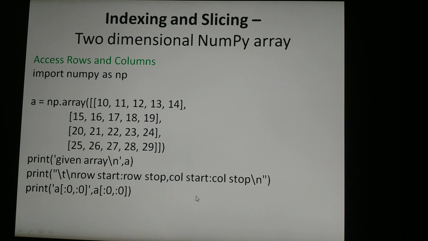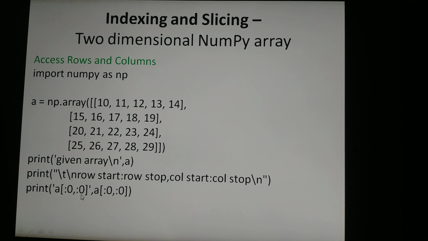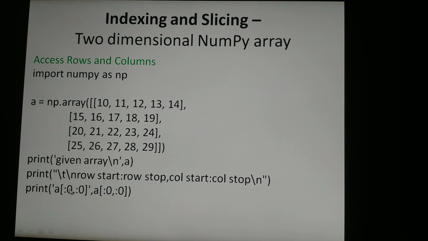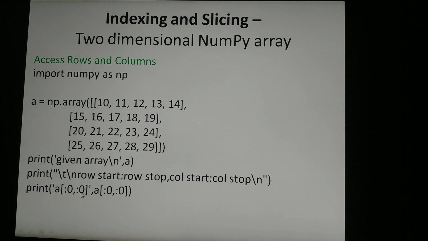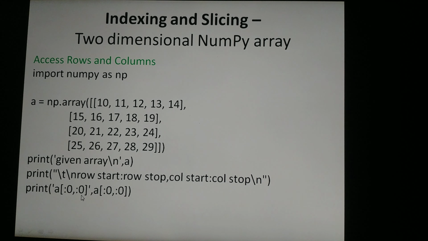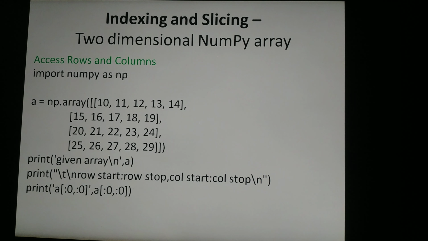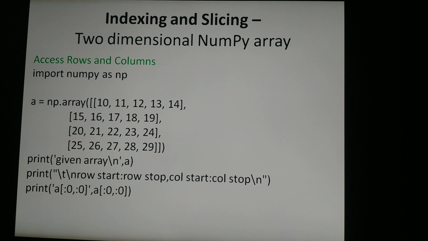Next we see one more example where I am specifying only stop values and I am not specifying the start values. So it is 0, I have to stop at 0 row and at 0 column. So I said whenever a stopping number is given, we are going to stop one level ahead.